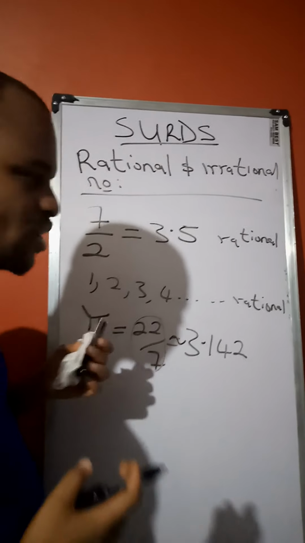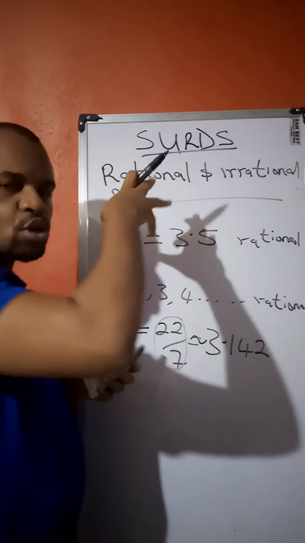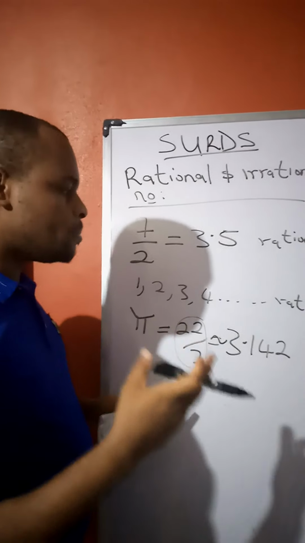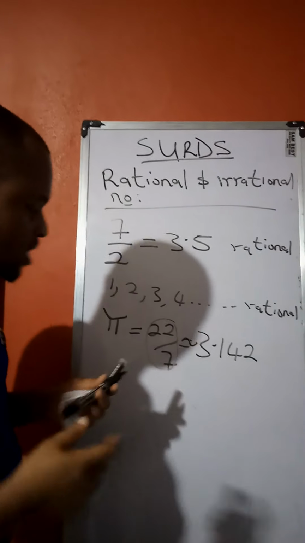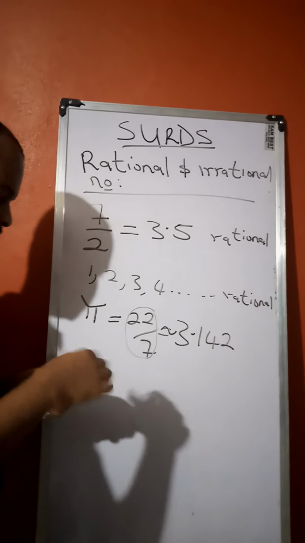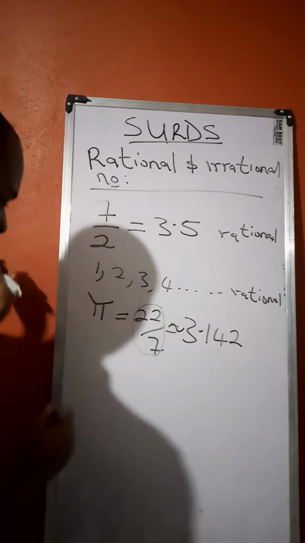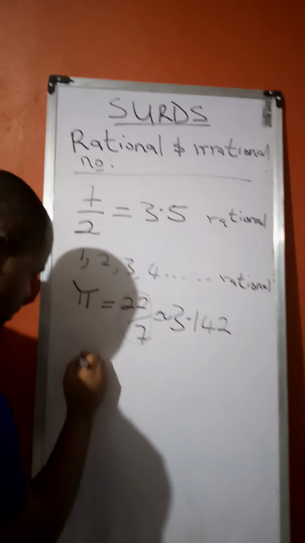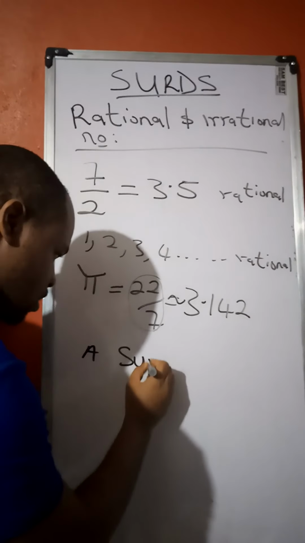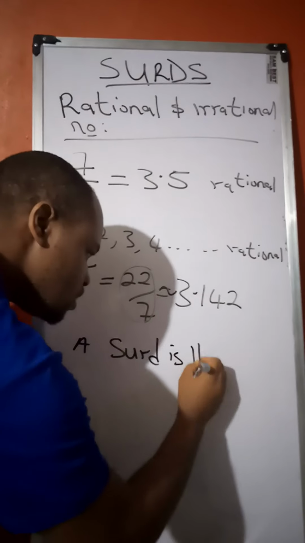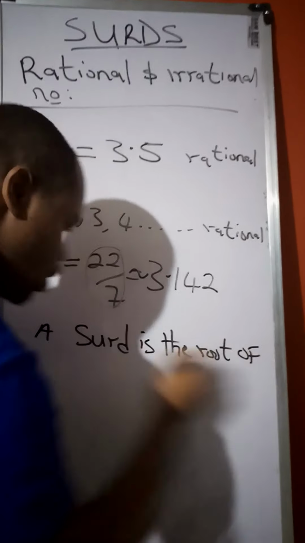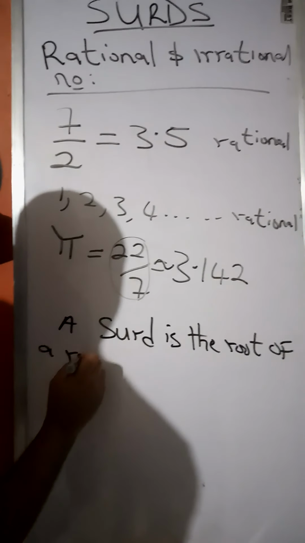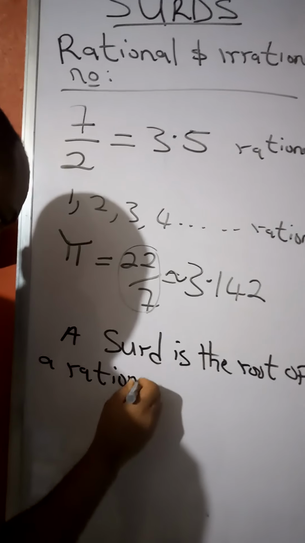So we are going to be looking at how to reduce surds to both whole numbers, whole integers, and also irrational numbers. Now, what is a surd? A surd is the root of a rational number.